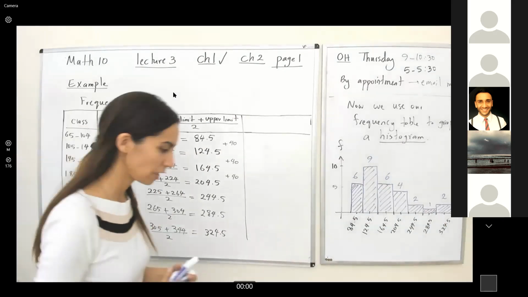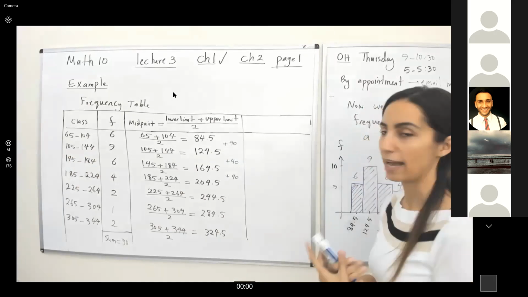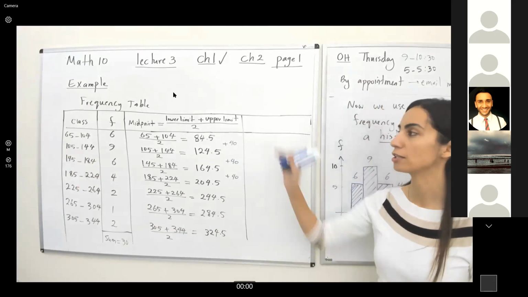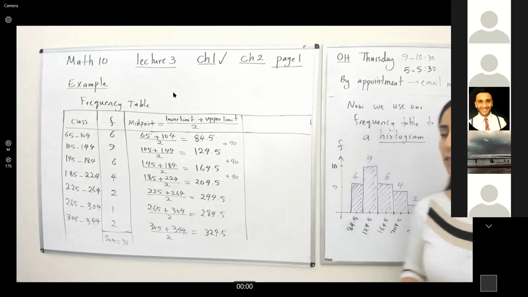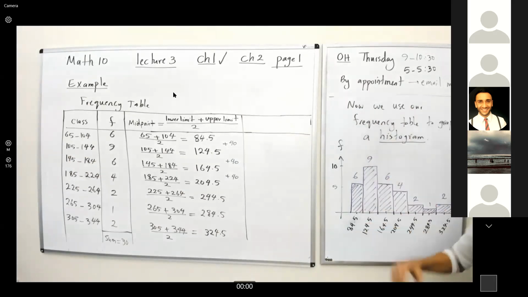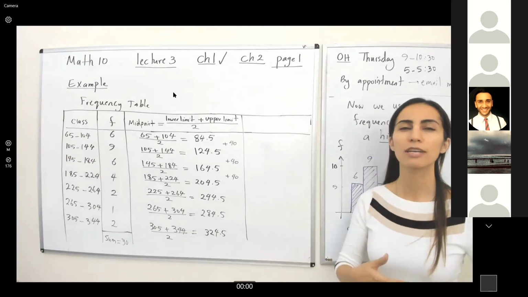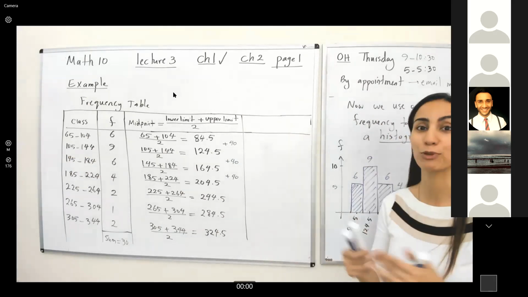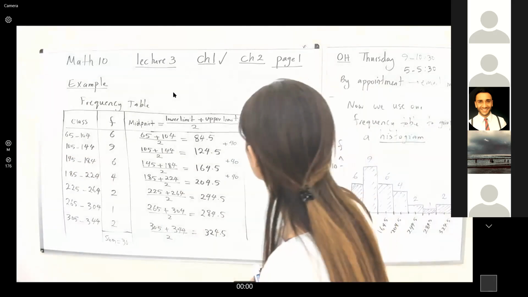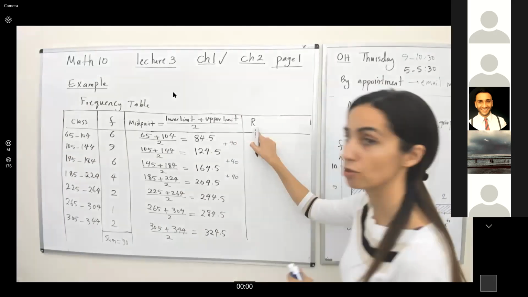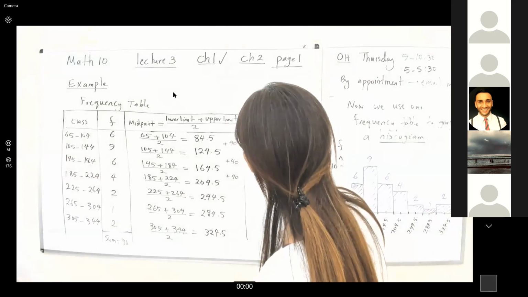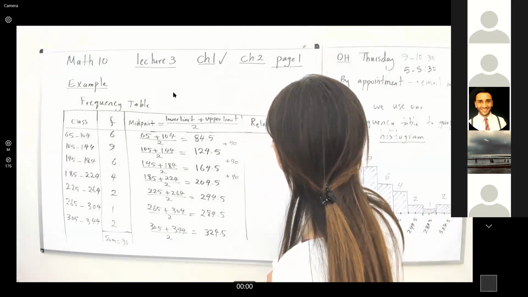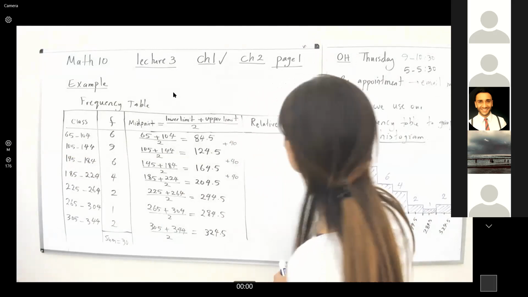Okay. We can also add relative frequency information to our table. And instead of having a frequency histogram, we can construct a relative frequency histogram. So what's the formula for it? First of all, we need a new column, relative frequency.